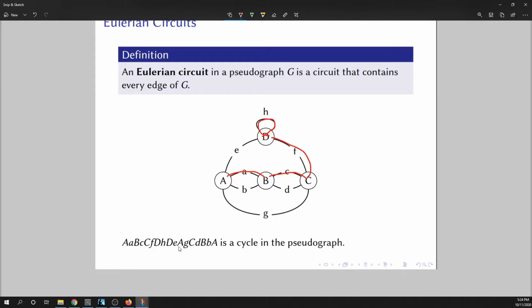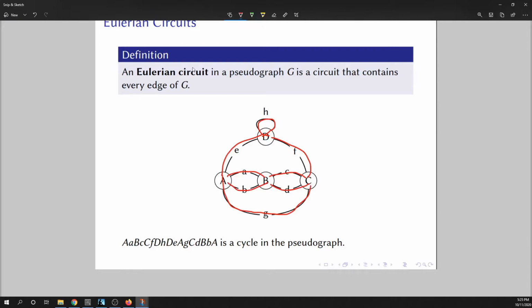Then from vertex D, we're going to go back to vertex A using edge E. Then from vertex A to vertex C using edge G. Then from vertex C to vertex B using edge D. And then from vertex B to vertex A using edge B.